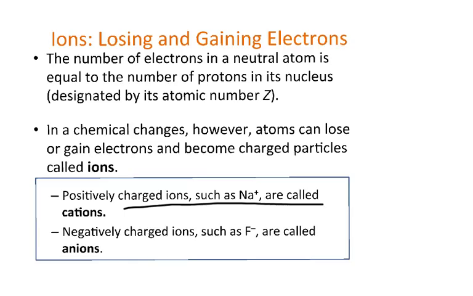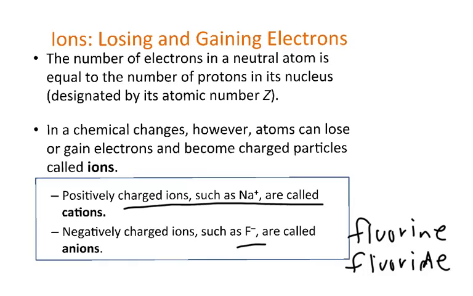Negatively charged ions, on the other hand, so this is fluorine, that's the neutral atom, but fluoride is the negatively charged ion. So you're going to change the -ine to an -ide anytime you're dealing with an anion.